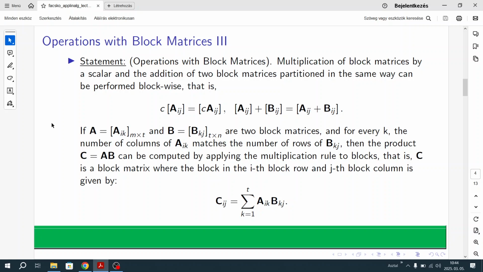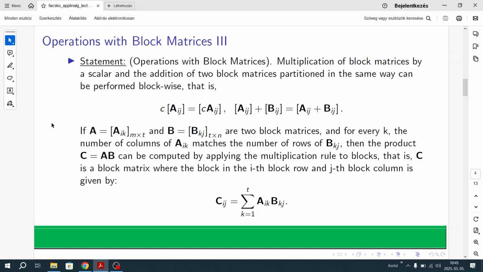You can do the operations like normal matrix operations with this. What does it mean? Here, this is a special matrix, and the matrix elements are matrices, and this block matrix can be multiplied by a scalar.